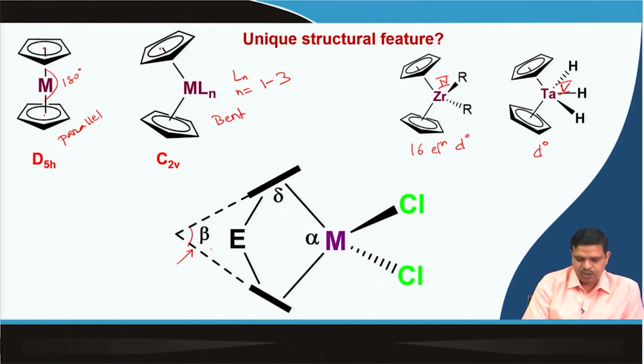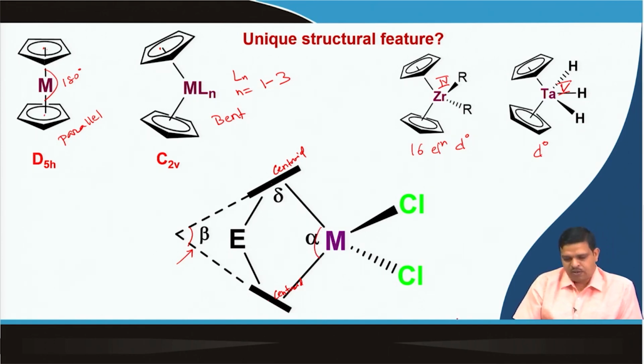So, this is an important structural parameter to quantify how much bent it is. Just assume that this is the centroid. So, the centroid of the Cp ligands, the metal and the centroid, this is the alpha.